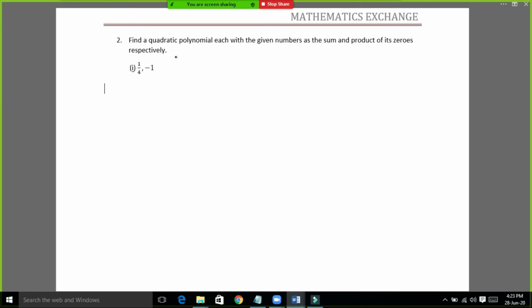So for this, we first take α + β = 1/4. We consider α and β as the zeros. So here the sum of zeros is 1/4, so α + β = 1/4, and α into β, that is product of zeros, is −1.